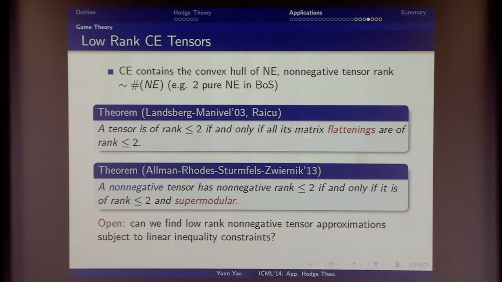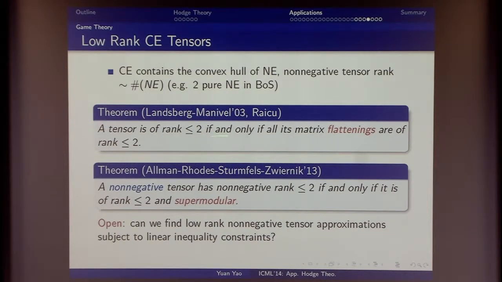But the question is, can we benefit from this situation to find the Nash equilibrium through this kind of structure? Actually, the correlated equilibrium set contains the convex hull of the Nash equilibria. It's a non-negative tensor, of rank 1 or rank 2 or more, depending on the number of Nash equilibria in the set, scaling with that number.